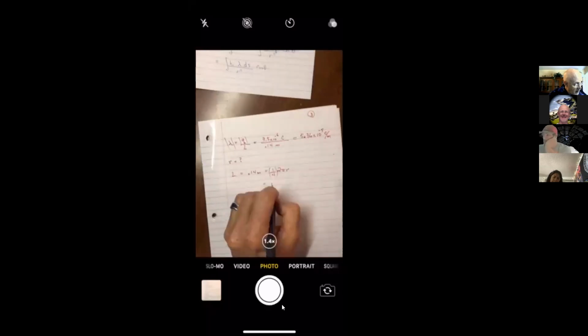So here's the radius, and grabbing my calculator, I got the 0.14. I'd multiply by 4, then divide by 2, then divide by pi, and when I hit enter, I get a radius of 0.0891 meters. Yay. And so there's my R.